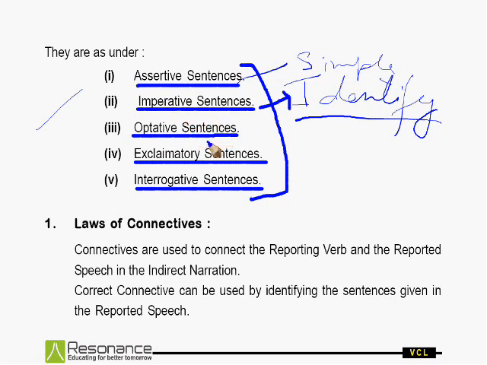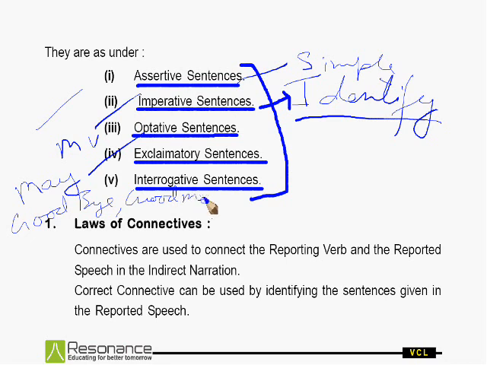Imperative sentences, any sentence beginning with the main verb. Optative sentence, any sentence either starting with may, or at times it can start with goodbye, good morning, etc. Now the most important is this: in the optative you will get the mark of exclamation also, and in exclamatory also you will get the mark of exclamation.